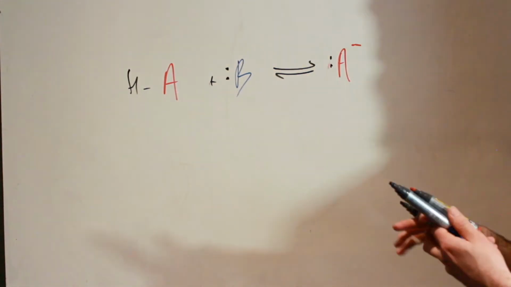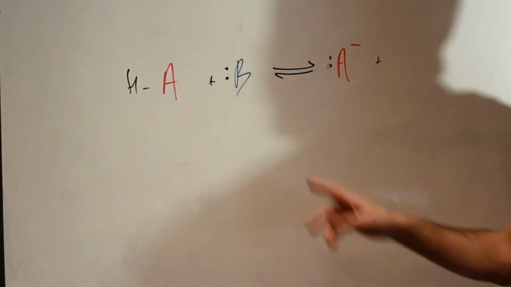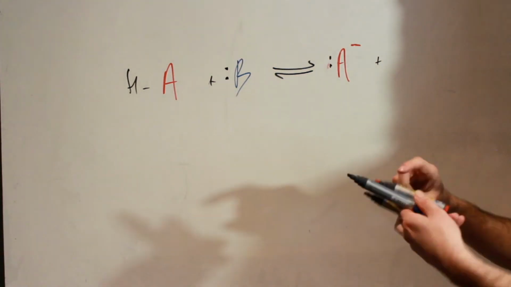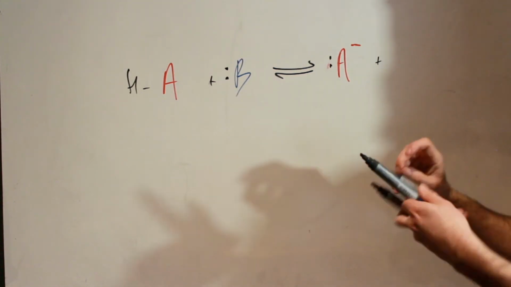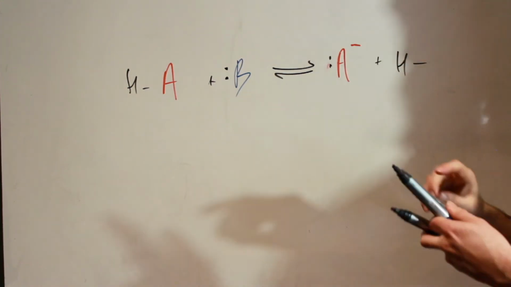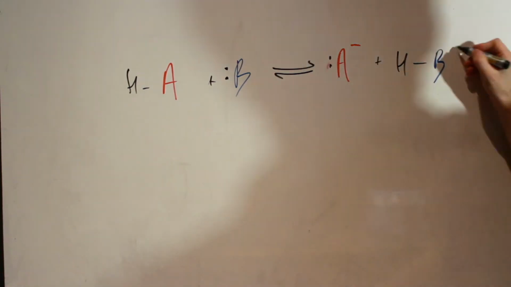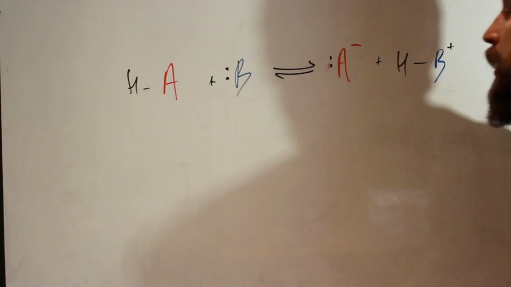So we're going to end up with a minus charge there, and then we're going to end up with a species over here that now has an H with a blue B, like that. And this is going to end up with a positive charge in this situation.